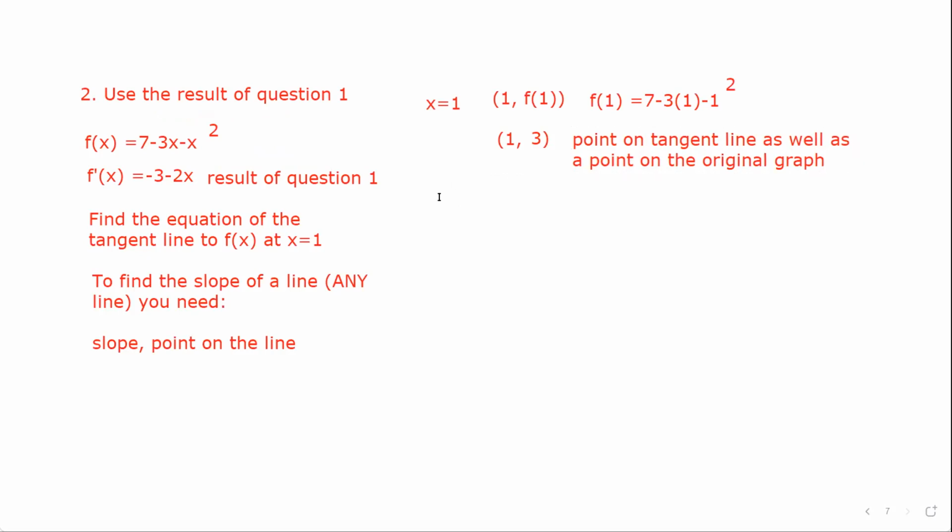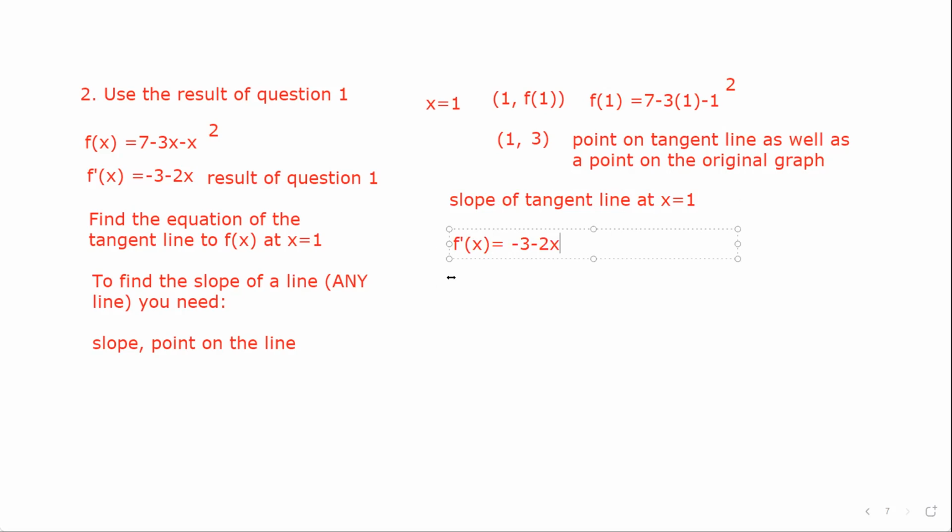Now the slope of the tangent line at x equals 1 is going to be f prime of 1, which is going to equal what? Well, let me back up. F prime of x is equal to -3 minus 2x.